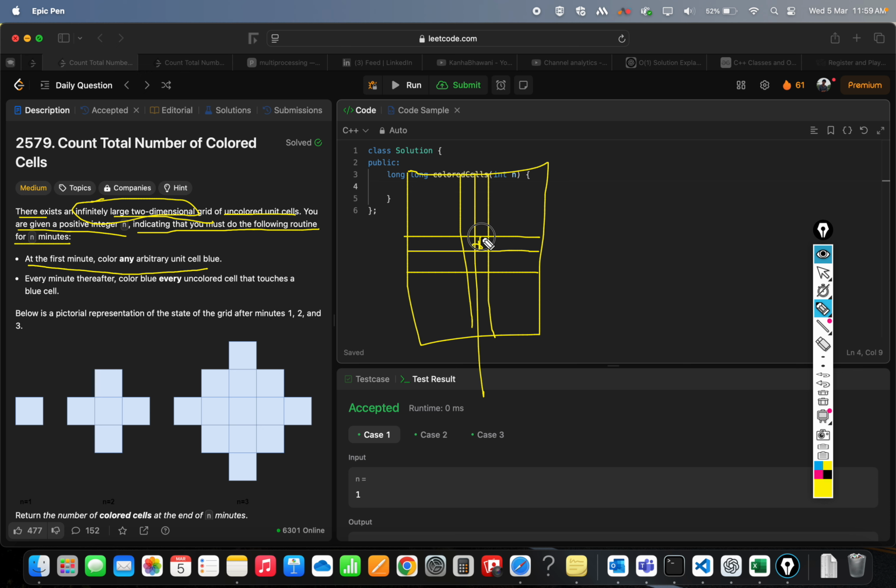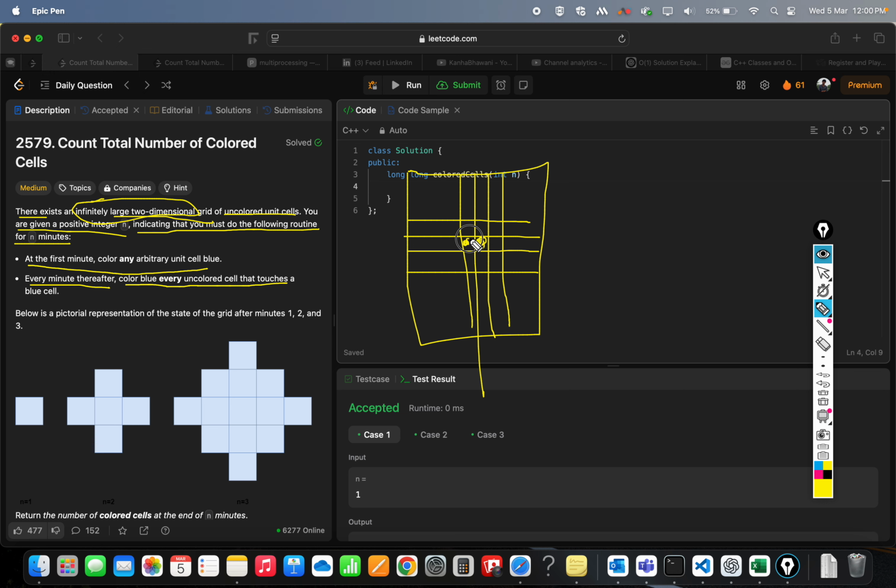Let's say we are coloring this. So this is now blue. In every minute thereafter, color blue each uncolored cell that touches a blue cell. So we have to color all the neighbor cells, right?